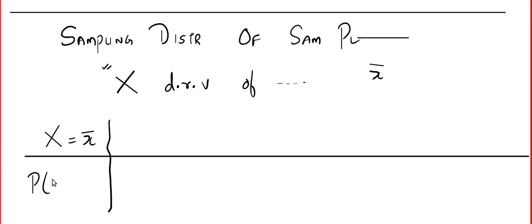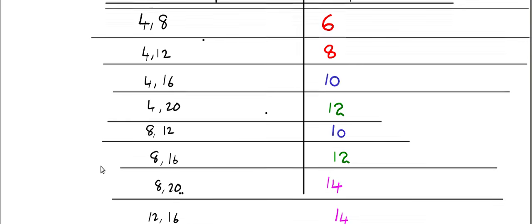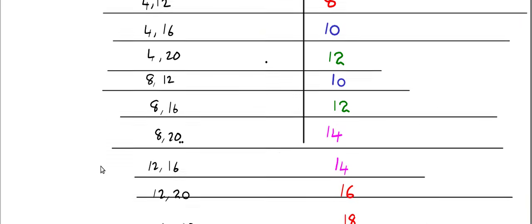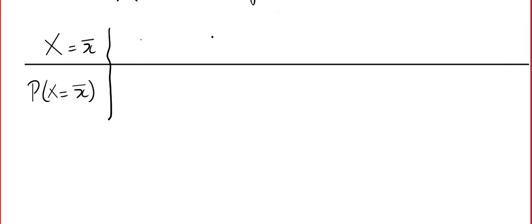And like in all distributions, the second row will be its probability. You can see that 6, 8, 16, 18 have not repeated. Anyway, I am going to write the numbers 6, 8, 10, 12, 14, 16, 18.